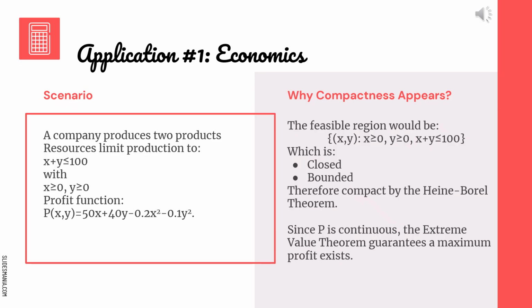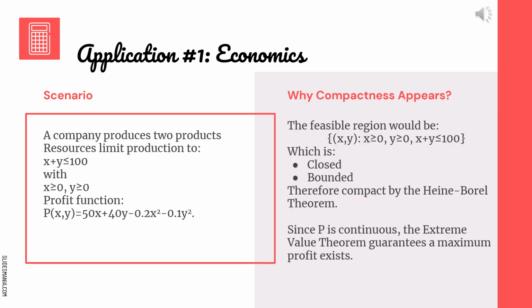Now imagine that the production function is this: P(x, y) = 50x + 40y - 0.2x² - 0.1y².